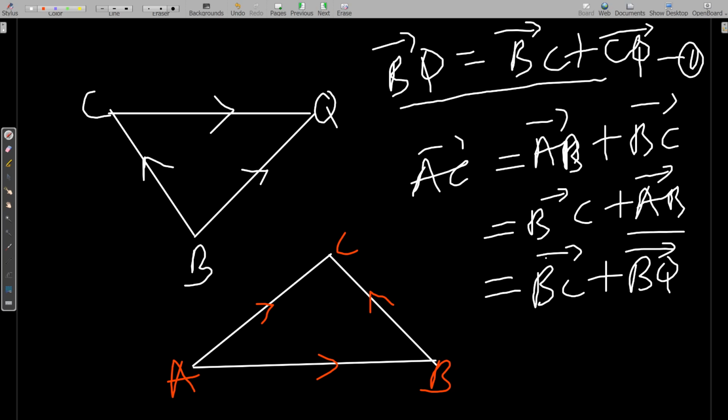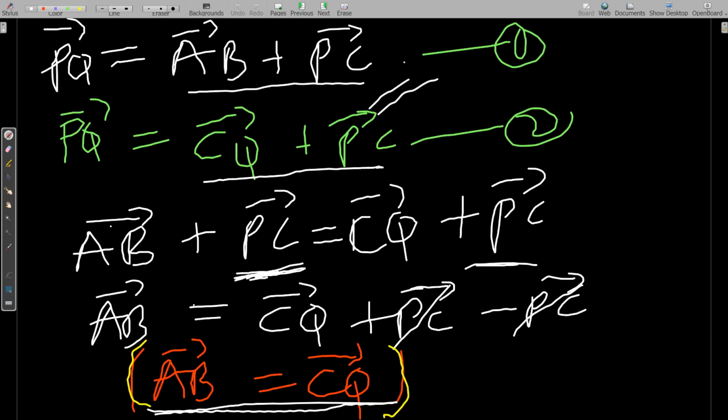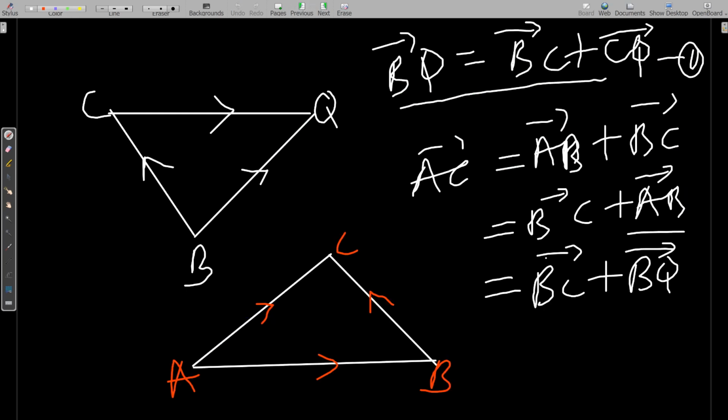Is it AB is the same as BQ or CQ? Let me see what AB is equal to. It's actually CQ. Okay, sorry. So AB is equal to CQ, not BQ. It's supposed to be CQ.